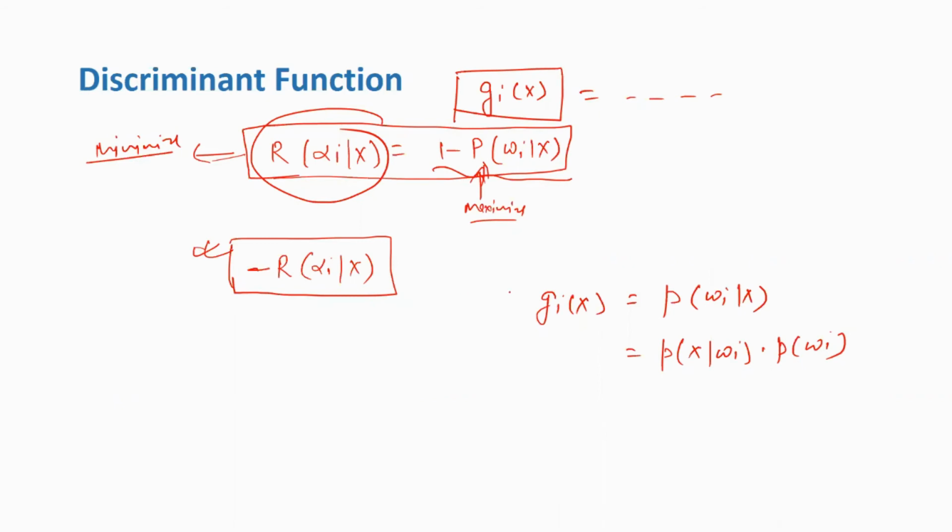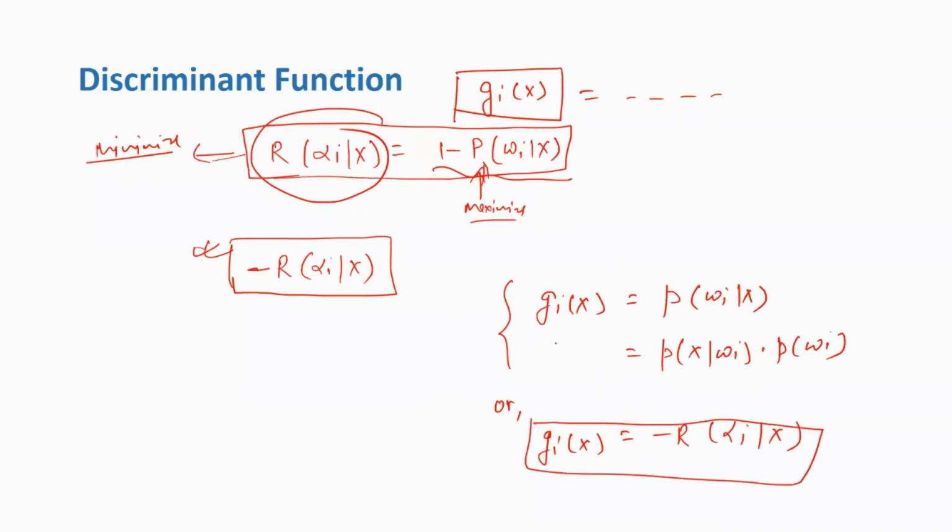Or according to the Bayes minimum risk classification, gi(x) can also be given by minus of this R(alpha i given x). Either function can be used. In both cases, when the gi(x) value is maximum, we can take the corresponding decisions. Basically, we have to maximize those functions.